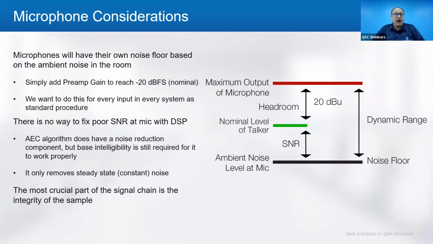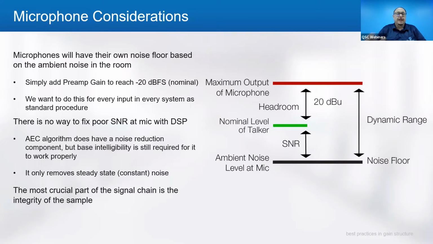One thing to know, though, is there's no way to fix poor signal to noise ratio at the mic with the DSP. What we want is at least 15 dB of intelligibility. That's the AVIXA standard for speech intelligibility. So if my nominal level is -20, I'm going to want to be at least at -35.